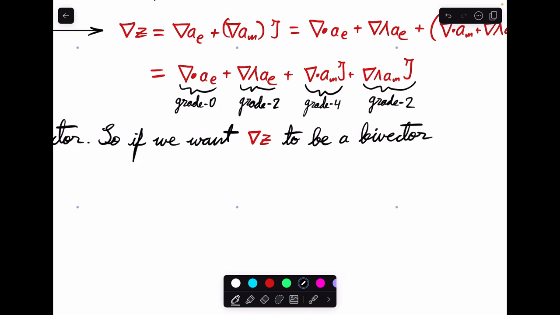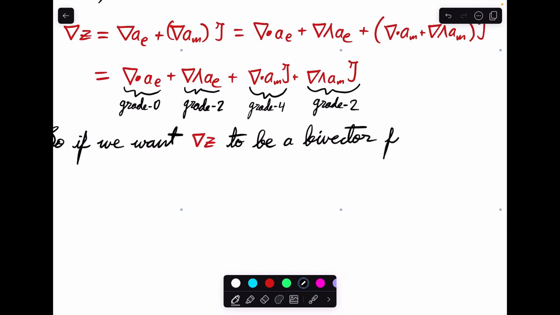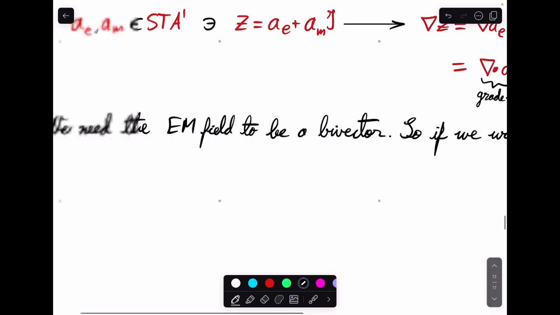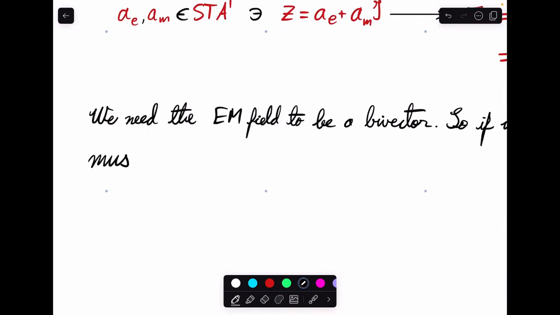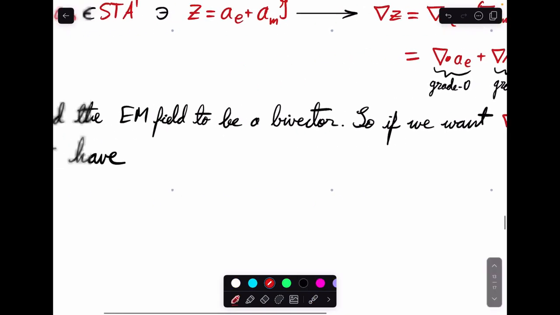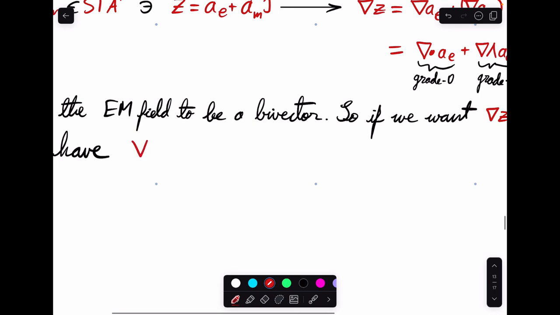So if we want the gradient of Z to be a bivector field, then we must have that the grade 0 part and the grade 4 part are equal to 0. So we must have that the divergence of AE is equal to the divergence of AM, which is equal to 0.